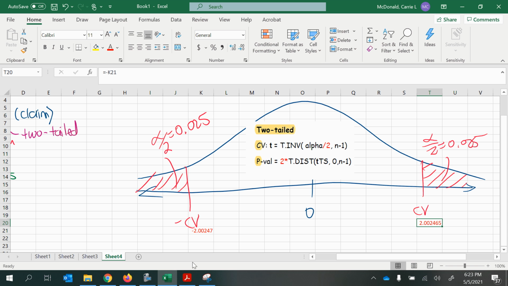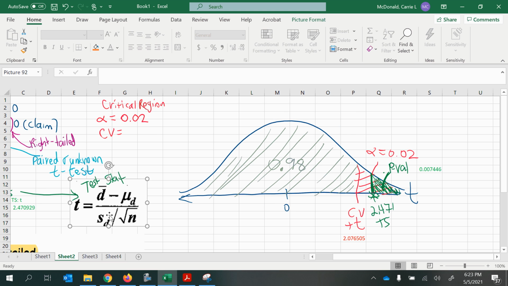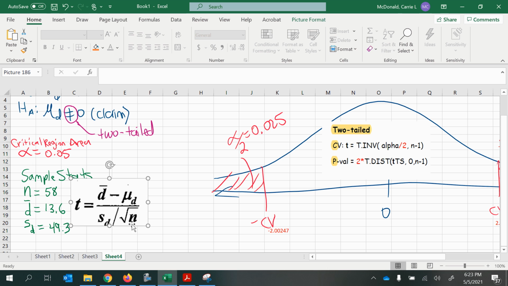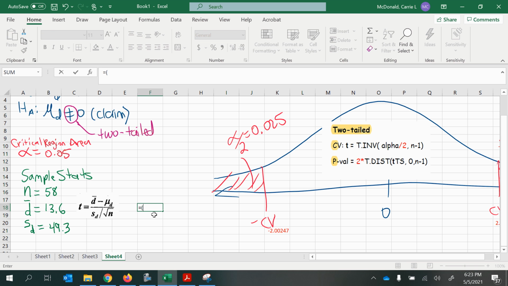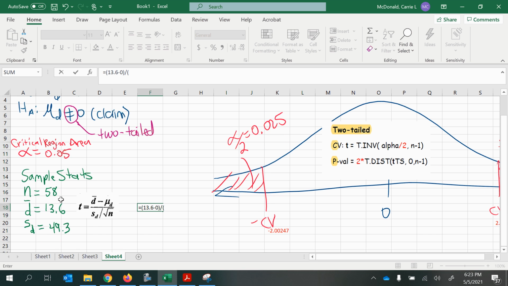Now we start looking at the sample data and we convert this into a t-score, again using this formula. Okay, so the test statistic is the d-bar 13.6 minus the mean from the null hypothesis of 0 divided by the sample standard deviation 49.3 divided by the square root of n, which is 58.